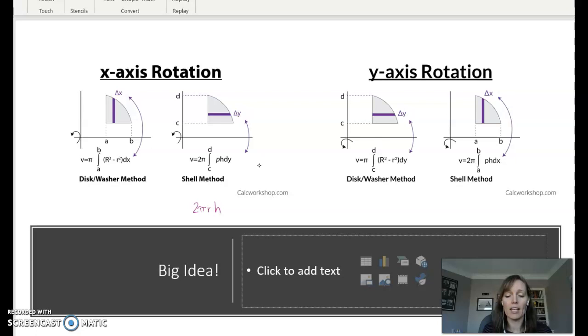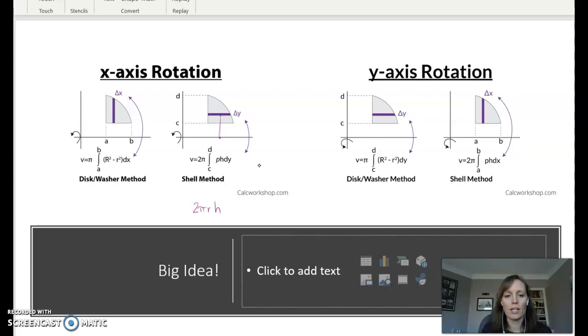And the radius of the cylinder then is just going to be that y value. It's going to go from your axis of rotation up to where your function is at that point.